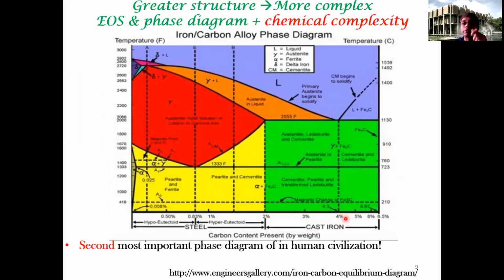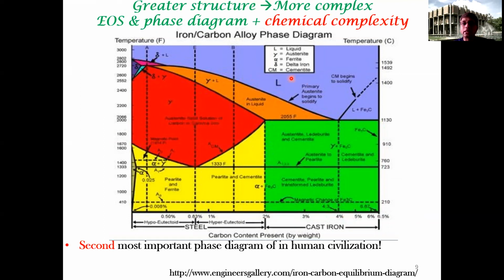As you go from a pure substance and introduce chemical complexity, the complexity of the phase diagram increases. So this is what I would call the second most important phase diagram in human civilization. Human civilization has a lot to do with steel. Steel is not one particular thing.